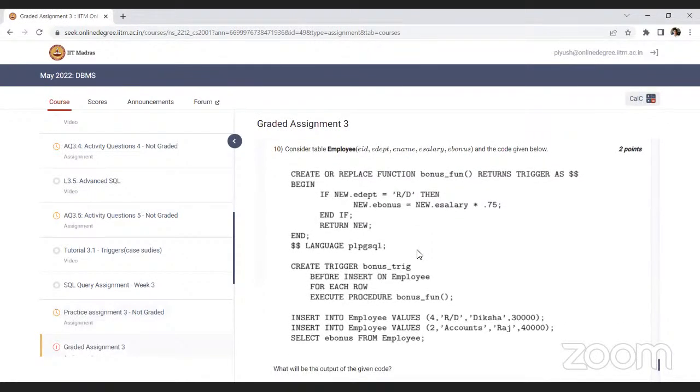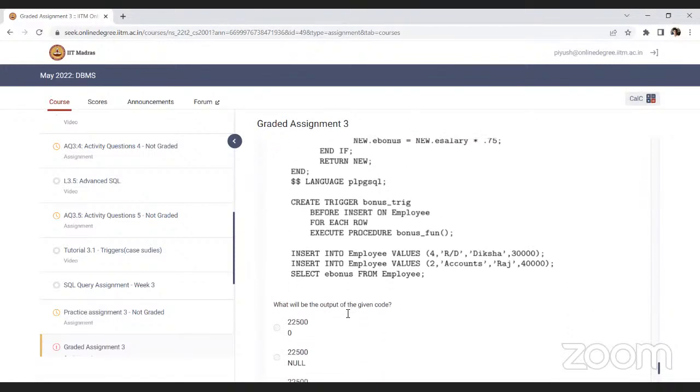Yeah, this one, this before insert. So we have defined this trigger for an insert statement, to fire before the insert statement occurs. Whenever the E department is R&D, the function says new.E_department is R&D, then E_bonus is equal to E_salary into 0.75.